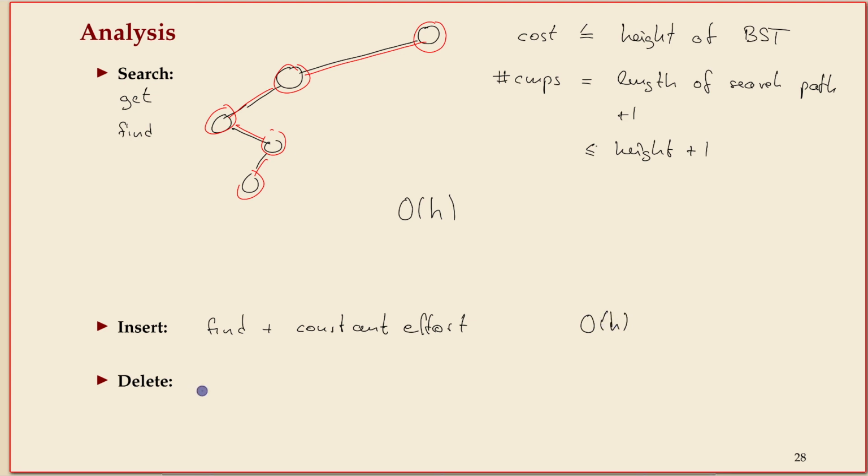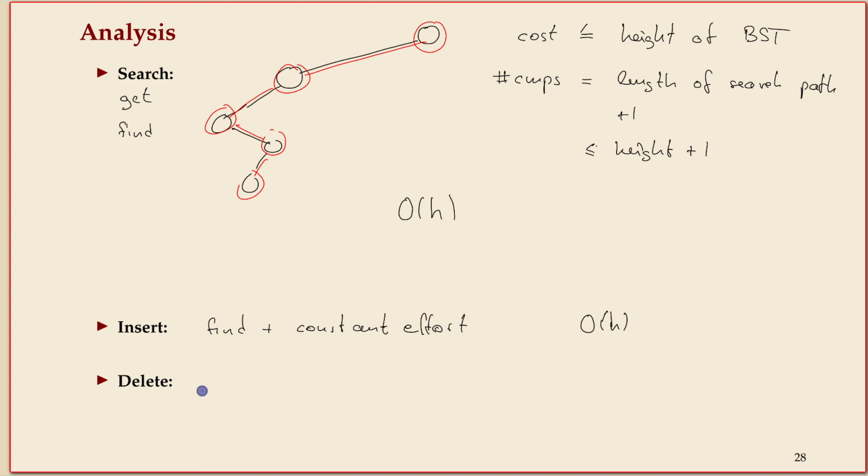And for delete, if you think about it again a bit more carefully, it has these separate steps. Let's say the hard case happens. You search some node, then you find it, then it's a binary node, so you have to further find its predecessor. But again, if you take the two find steps together, they both together give a path from root to some predecessor node.